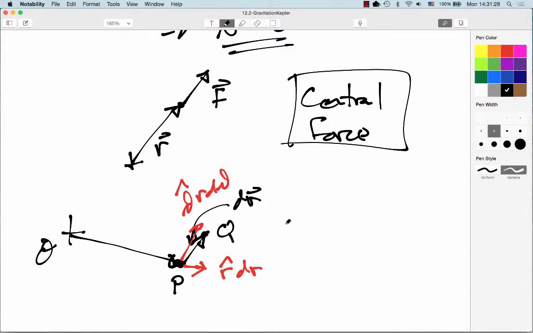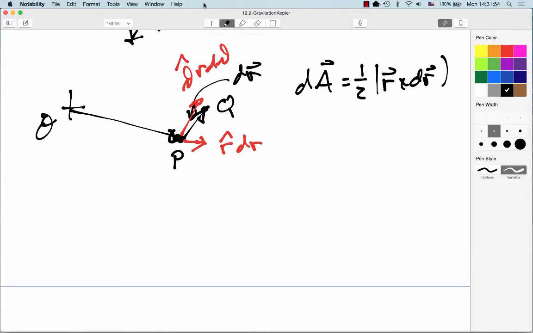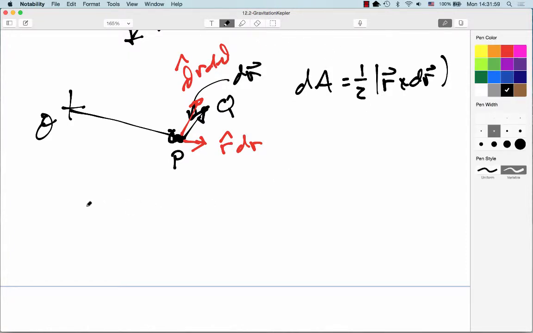So following that thought along here, so dA was 1/2 r cross dr. Whoops, sorry, let's try this again. So going over here somewhere, and I don't want the vector sign, my bad. All right, so then my dA would be 1/2. r is just going to be r hat.